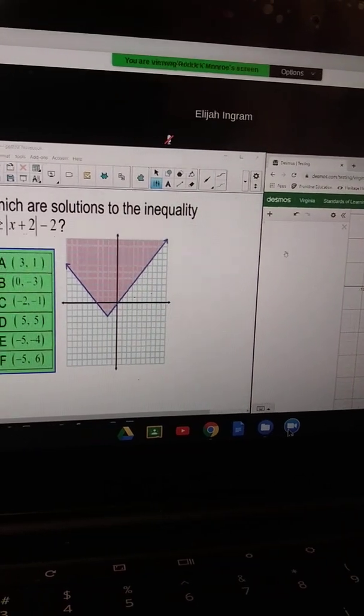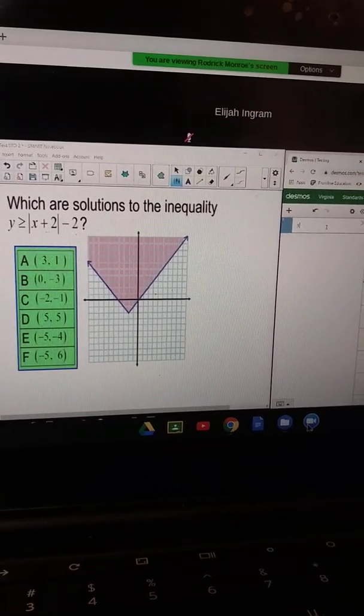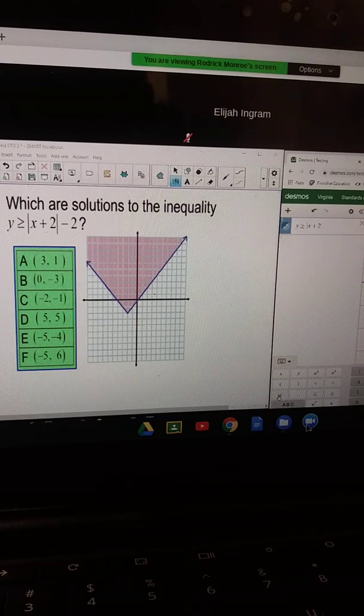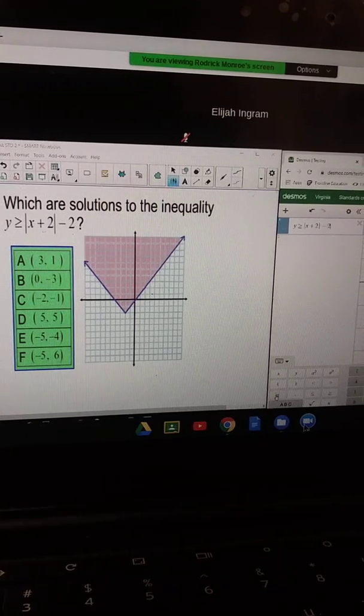Now with this question here, we type it in just like we see it. Y greater than or equal to absolute value x plus 2 minus 2.